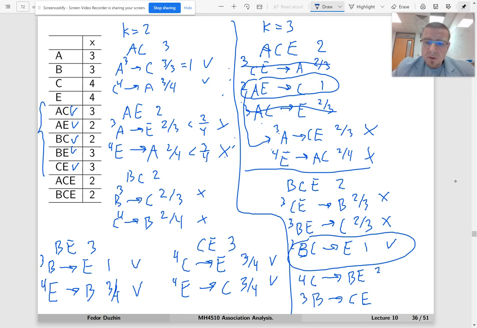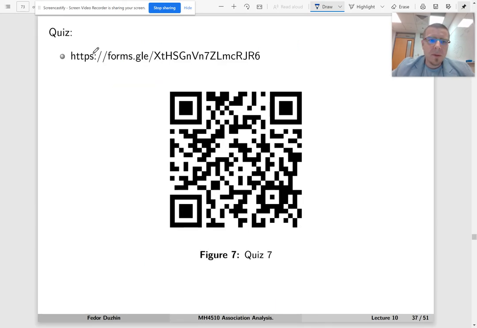So we have 2/4 here, and the confidence here is 2/3. So both of them are below the threshold, so we should discard them. All right, so we've got these two rules in the end with 3 items. So AE implies C and BC implies E. And this is how we manually perform this analysis.